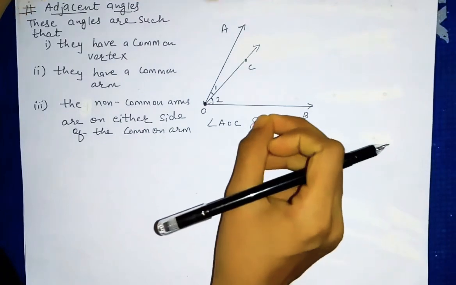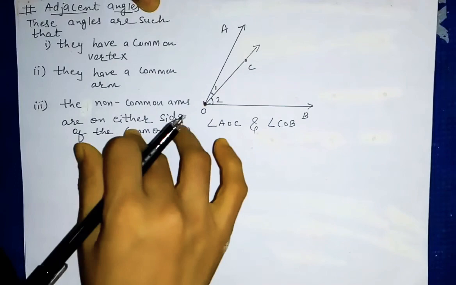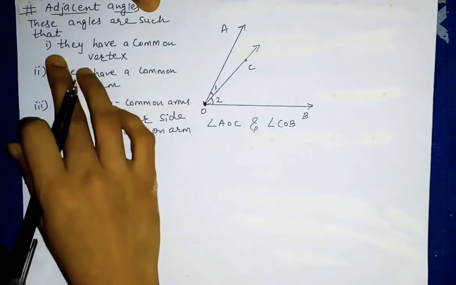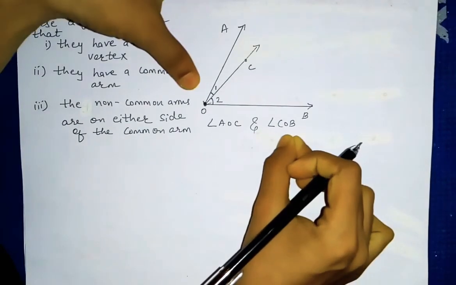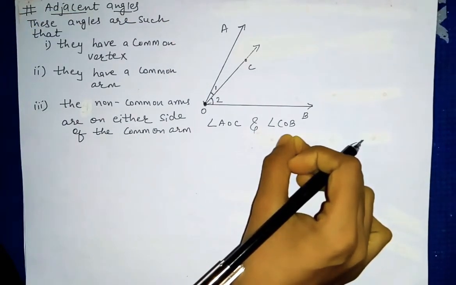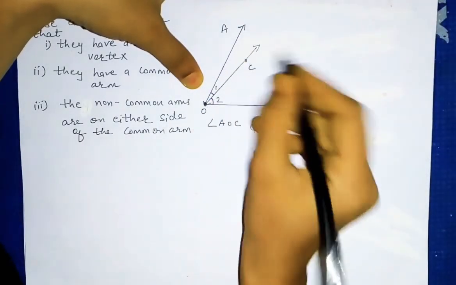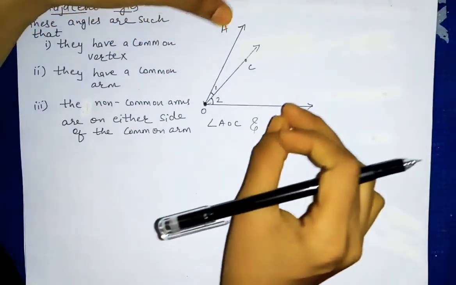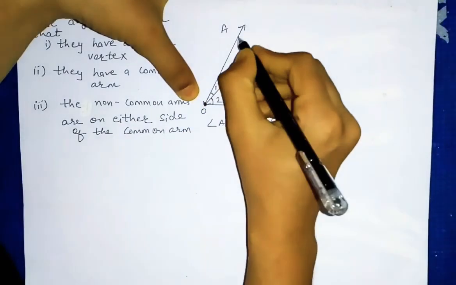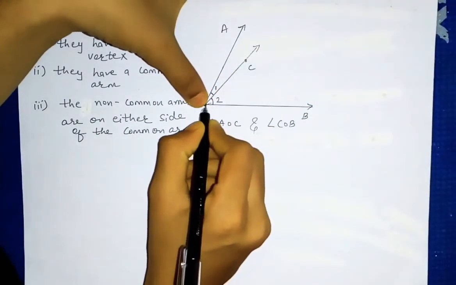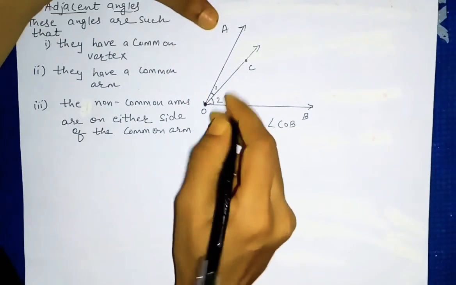Now we will check whether these both angles are adjacent angles or not. Let us check whether these conditions are fulfilled. The first condition is that they have a common vertex. Both angles AOC and COB are connected at point O. AOC has this O, and again COB has this point O in common.